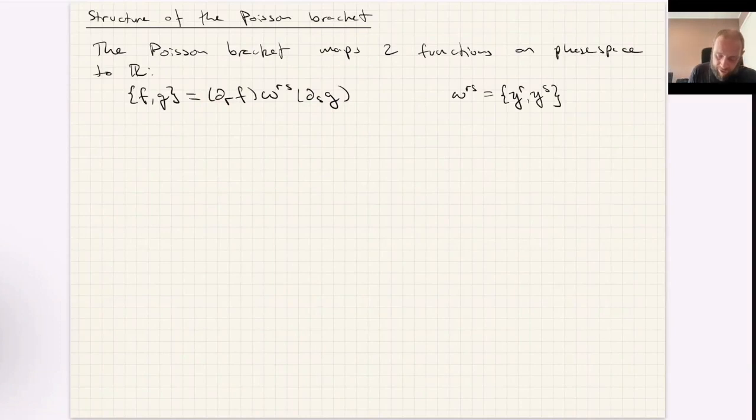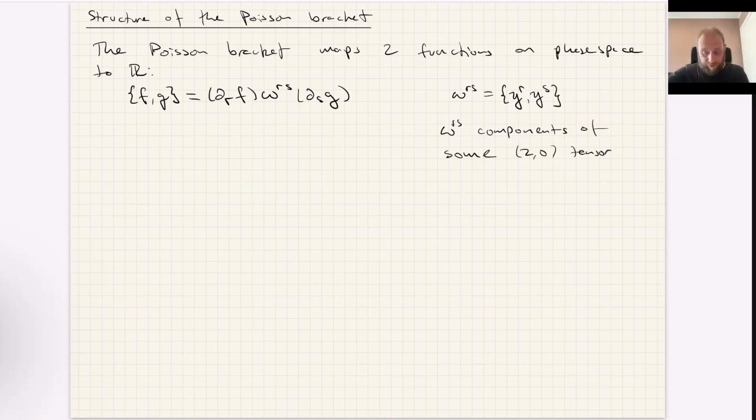And this is a linear transformation, both in the derivative of f and in the derivative of g, right? So this omega represents the components of some 2-0 tensor. So a map from differentials to real numbers.